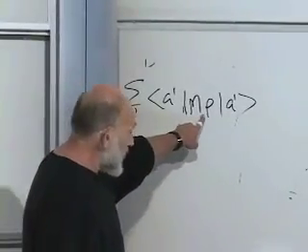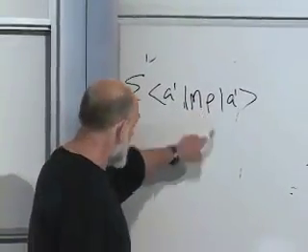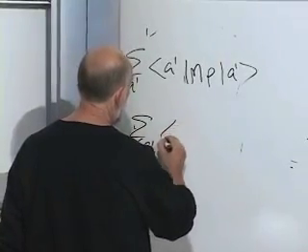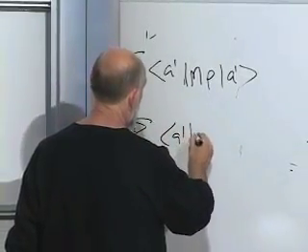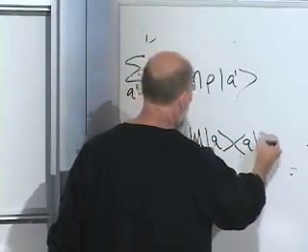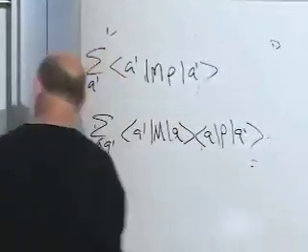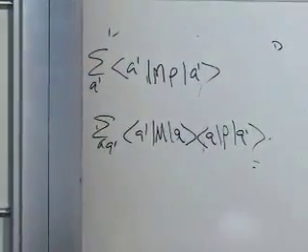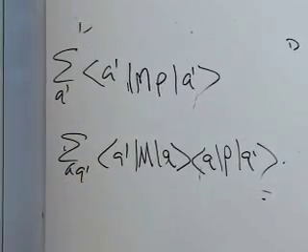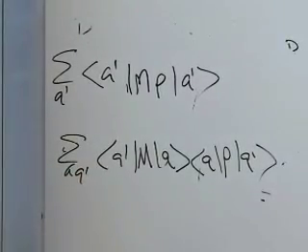But now if I insert a complete set of states in here, it becomes the sum over A and A prime of A prime M A rho A prime. That's just this. M A prime A, that's this, and rho A prime, that's this.